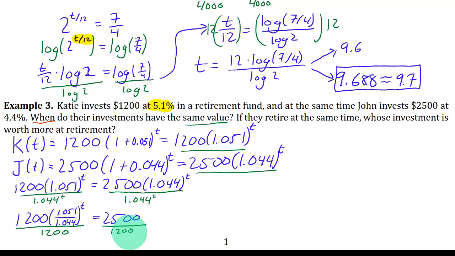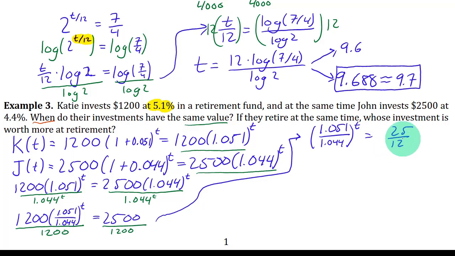And 2500 divided by 1200 is also known as 25 over 12. So what we have is 1.051 over 1.044 all to the power t equals 25 twelfths.